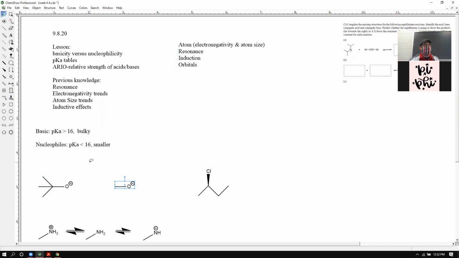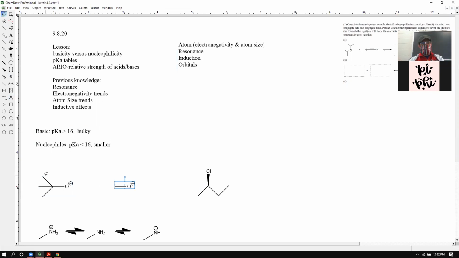So which one's more likely to act like a base, A or B? A. Why the one on the left there? Right, it's very bulky.